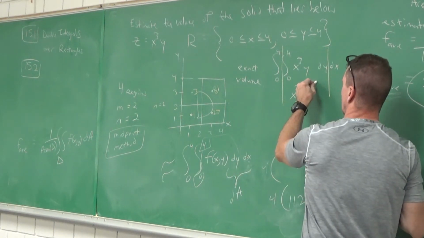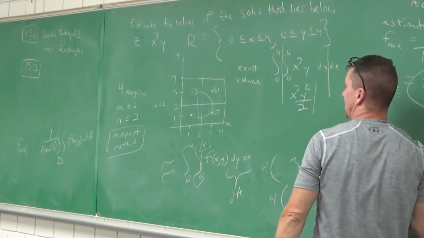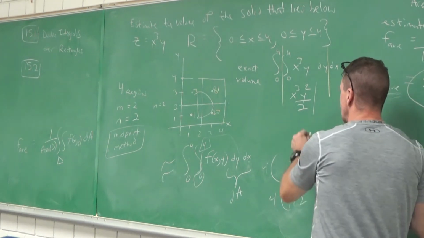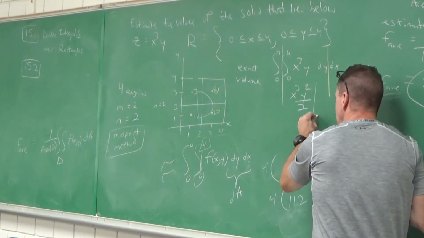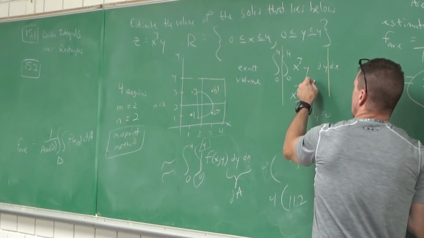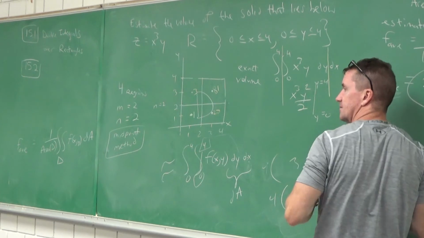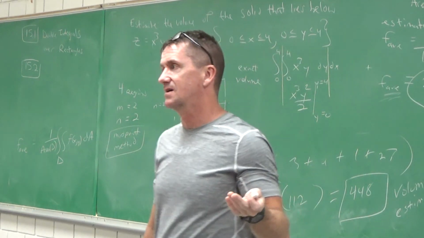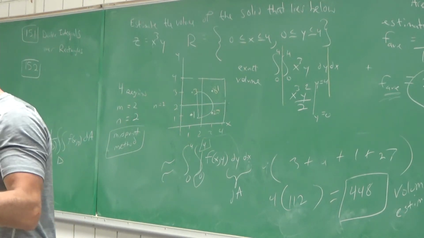Oh, and what were my limits? What do I have to plug in here? 0 to 4. Now, I sometimes get confused. Are we plugging these into x's or y's? So if you have to, feel free to give yourself a reminder. I'm going to substitute the number 0 into y, and then I'm going to substitute the number 4 into y. If you get confused, you throw it in the wrong letter.